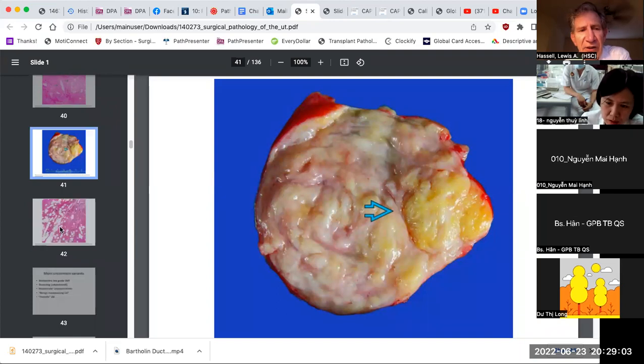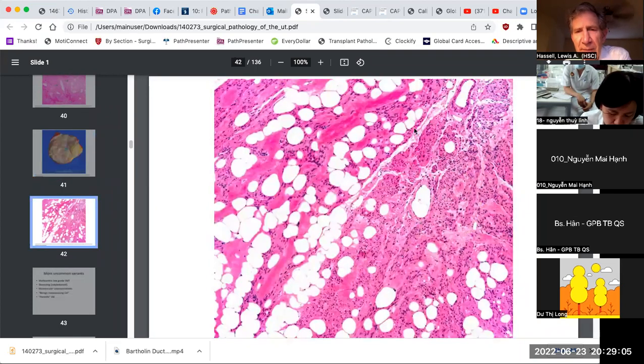And I mention this because there are occasions where these tumors have been the precursors for not leiomyosarcoma, but actually for liposarcoma. And so if you find something that looks like a liposarcoma, you might look around to see if you don't have evidence of something that looks like this in the background.